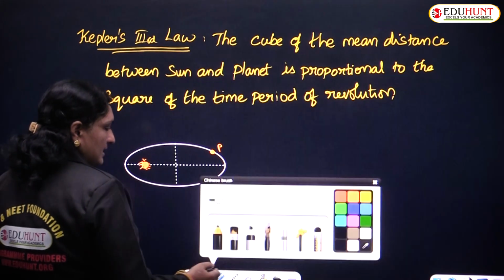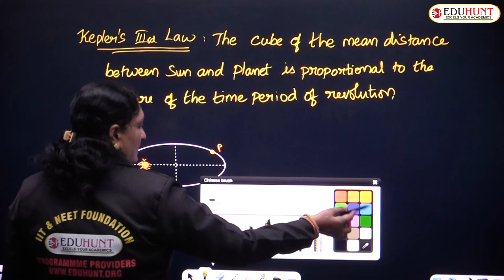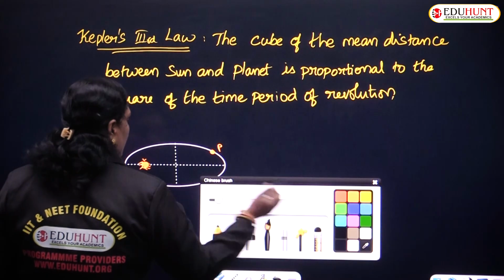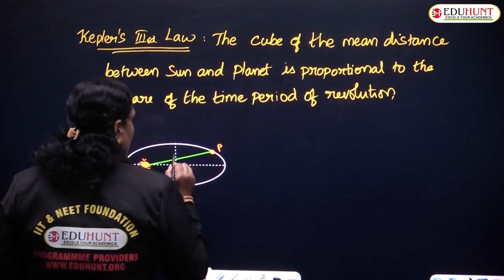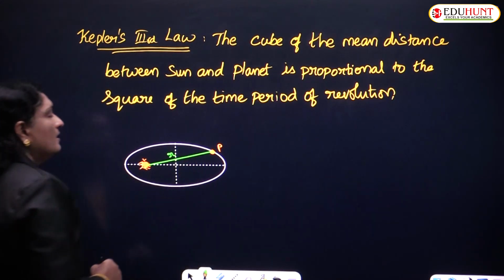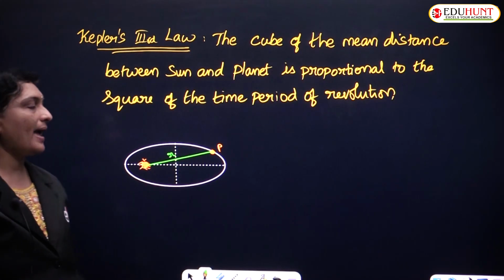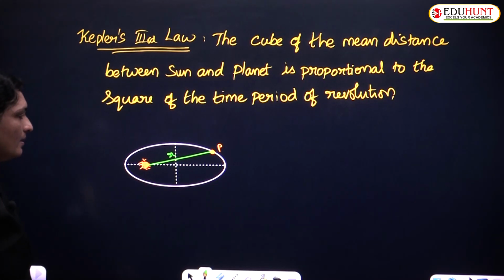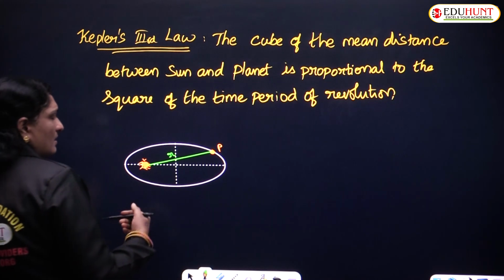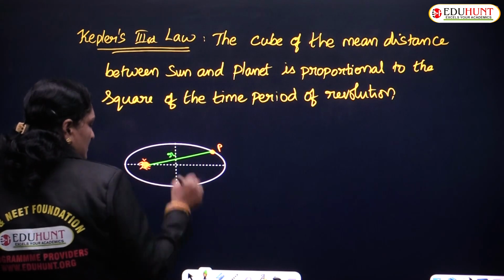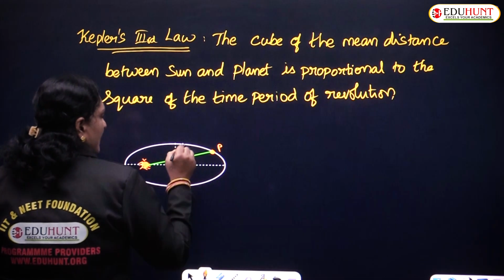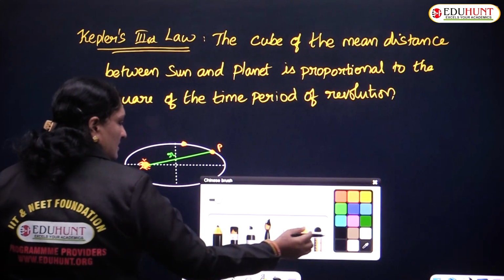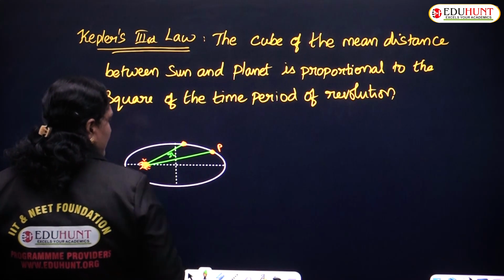So what this says is that the distance from here to here, you have some line, you say r. This distance between the sun and the planet be some r. If the planet reaches somewhere here, then the distance will be some r dash.